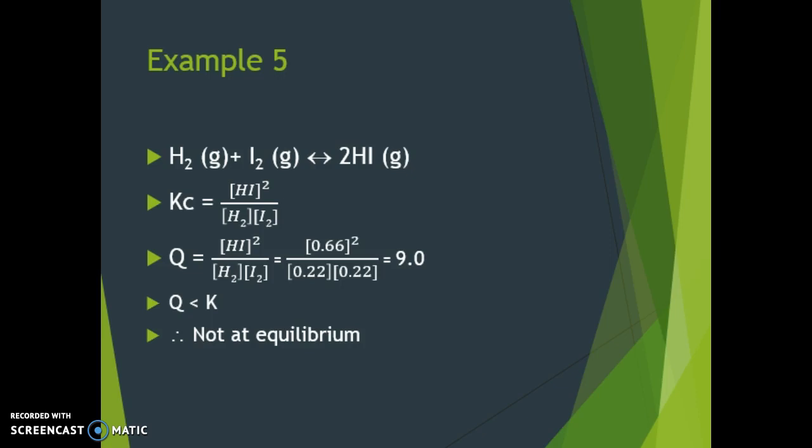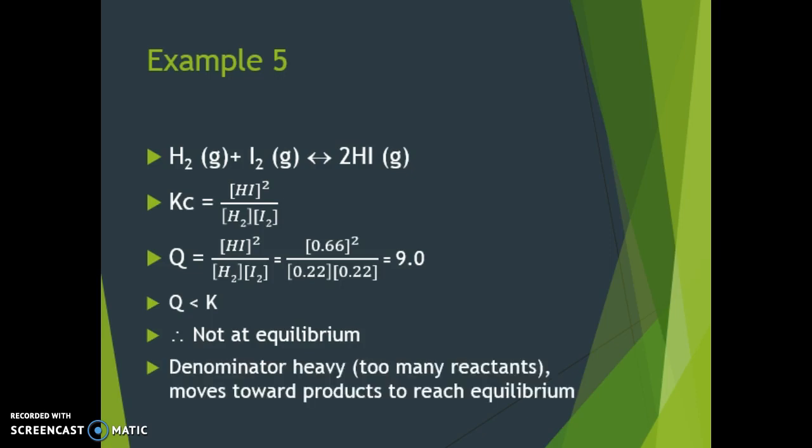In addition to us knowing that we're not at equilibrium, we know then that the denominator would be way too heavy. It's way too big to generate that small Q number, meaning we have too many reactants. So the reaction would need to move in the forward direction toward HI, making more products to reach that equilibrium.